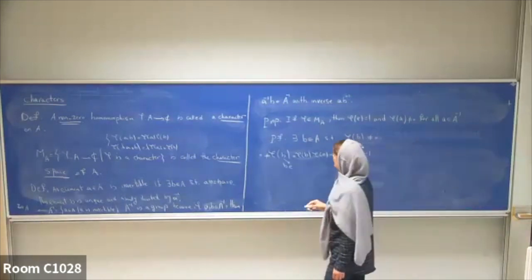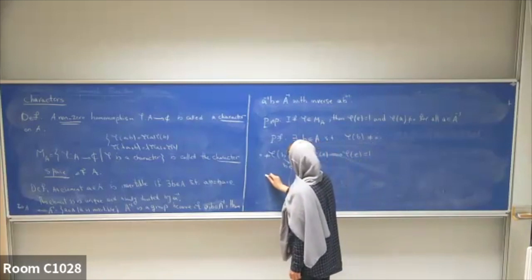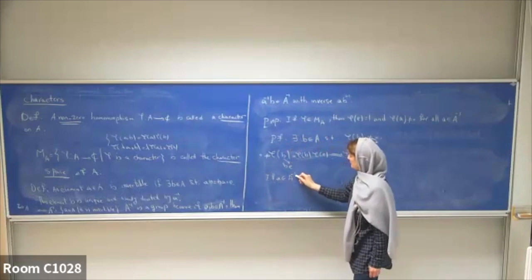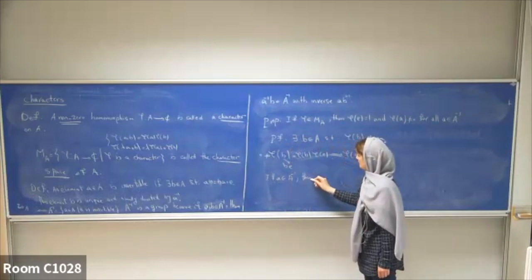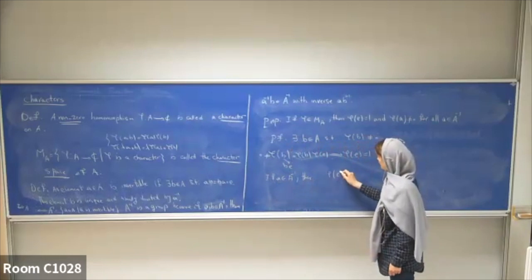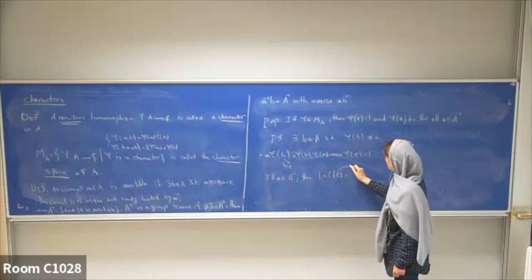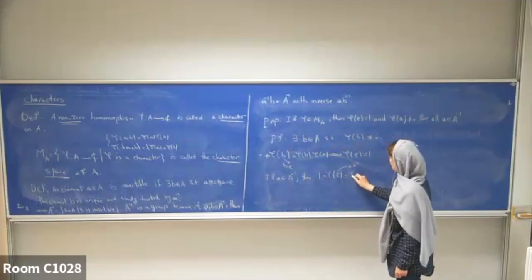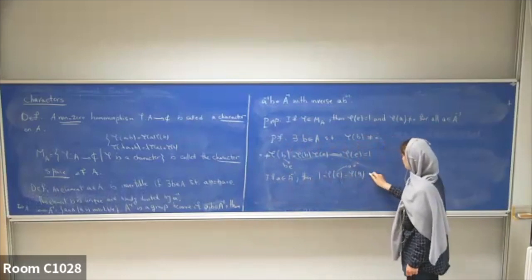And for invertible elements, if A was an invertible element, then we know that phi of E, which is 1, and E can be written as A times A inverse. phi preserves multiplication.